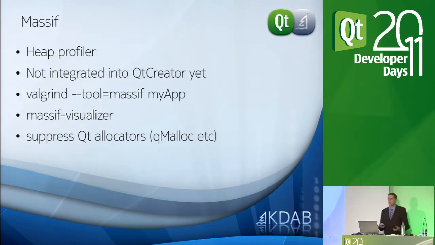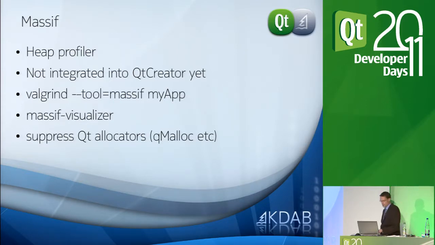So if you want to find out where your memory is allocating all its memory and why it's needing so much, this will allow you to track it down and optimize your memory usage. Unlike the other two, that's not integrated in Creator yet. So you have to run that on the command line, just like shown there. And the output is some complex, unreadable text file.